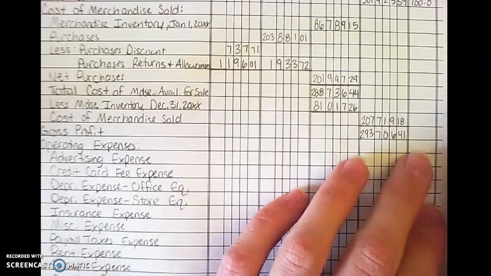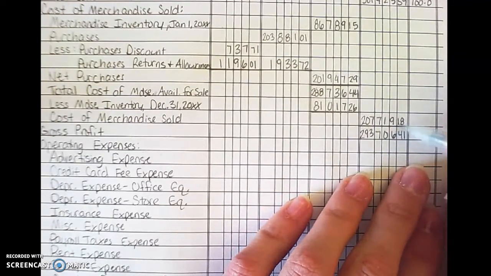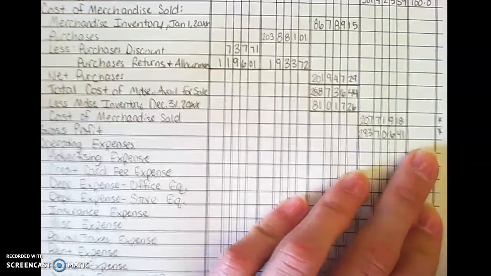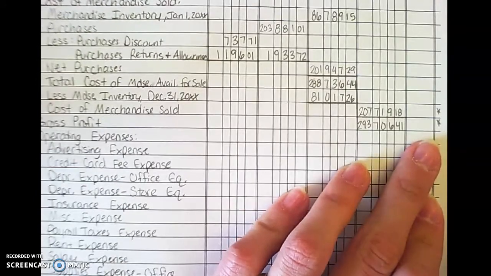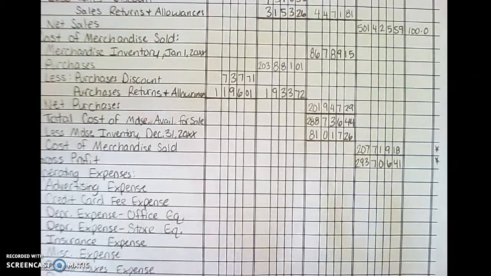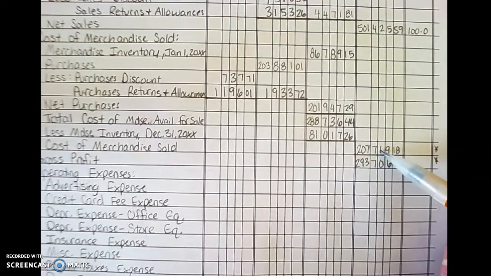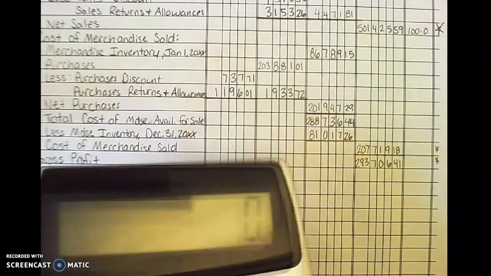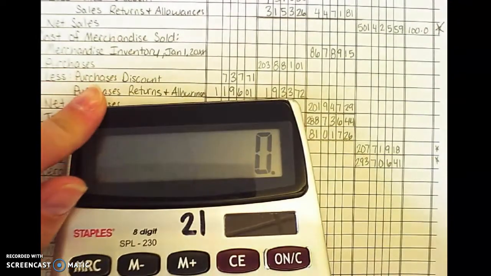The next thing we need to do to finish up this little section here is calculate our percentage of net sales for our gross profit and for our cost of merchandise sold. To calculate that, you will put in the number we have for cost of merchandise sold, and then you will divide it by your number of net sales. So I got my calculator here.